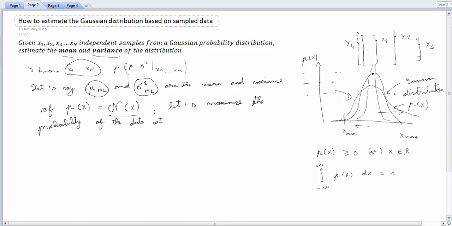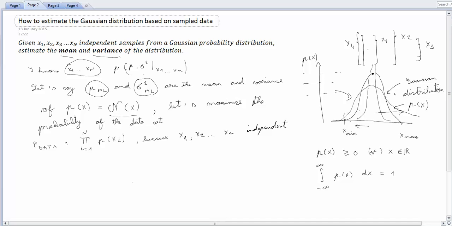So the probability of the data set, P data, is the product of the probabilities of each and every one event, right? Because the events are independent, this is the probability of the data.